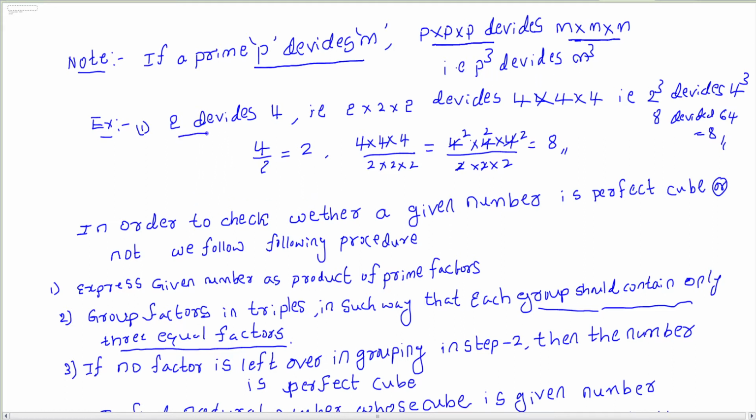For example, 2 divides 4, definitely, since 2 into 2 is 4. Then 2 cube divides 4 cube also. Therefore, 2 cube divides 4 cube. This is how we can understand.